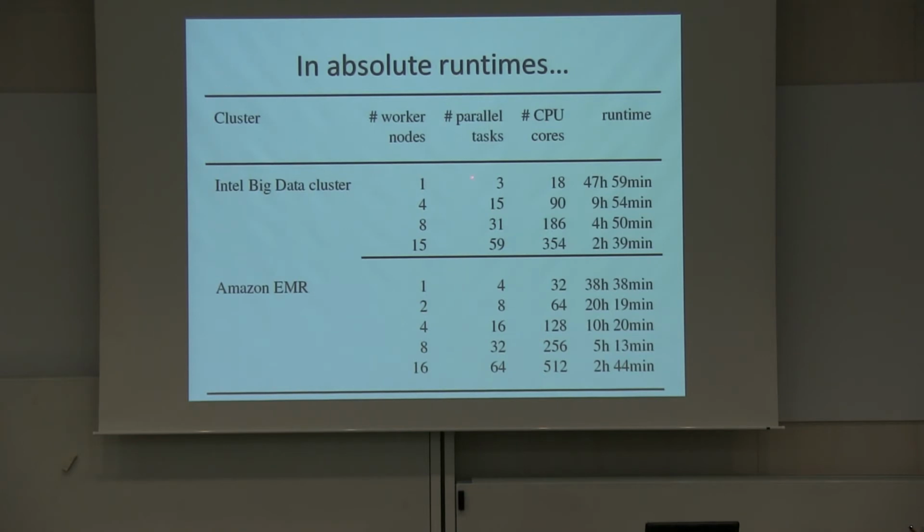This speed up is solely due to the fact that in this case we have 3 instances of GATK running in parallel using only 1/3 of the available cores, instead of having 1 instance of GATK using all of the cores. When we move to 15 nodes with all of our parallel tasks, this comes down to a runtime of 2 hours and approximately 40 minutes, and this is more or less the same on the Amazon cluster. So under 3 hours.